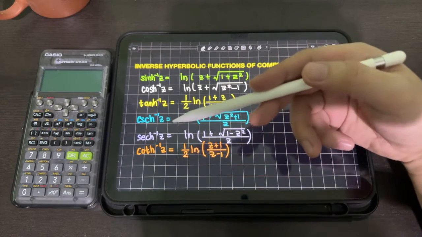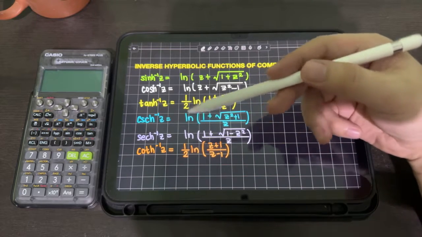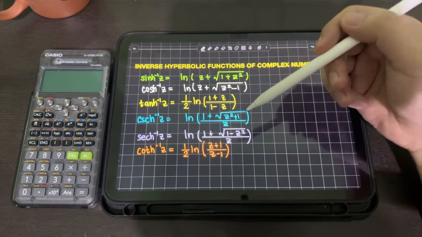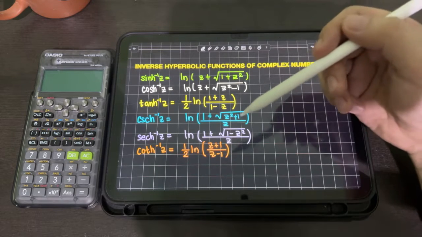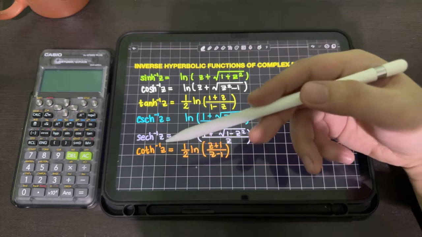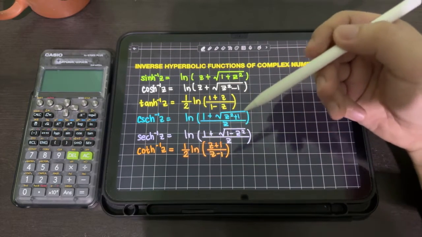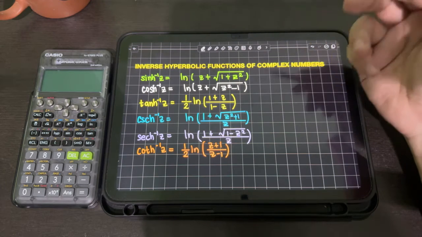For the inverse hyperbolic secant, or arcsech z, it is equal to ln of 1 plus the square root of 1 minus z squared, over z. And for the inverse hyperbolic cotangent, or arccoth z, it is equal to 1 half ln of z plus 1 over z minus 1.